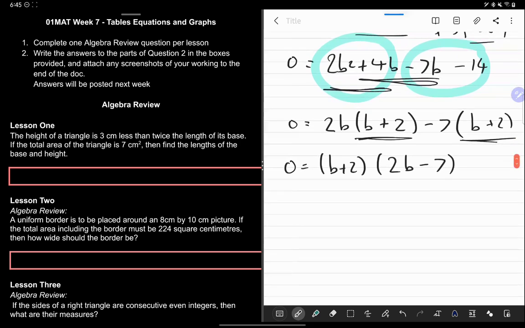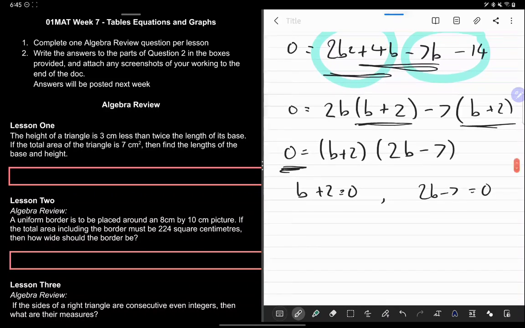Cool. Now, for this whole thing to equal 0, we know that either b plus 2 is 0, or 2b minus 7 is 0, which we can figure out to be b is -2, or b is, not negative, sorry, 7 divided by 2, which is also 3.5.